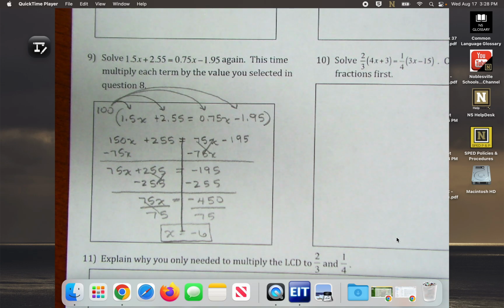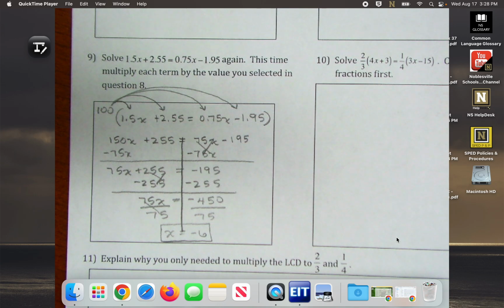Can I see your picture? You get 450, okay? 450 divided by 225. Oh, I see. You're rewriting. So I subtracted the 75x to stay away from a negative number, because we don't like the negative x's. 150x minus 75x equals 75x.